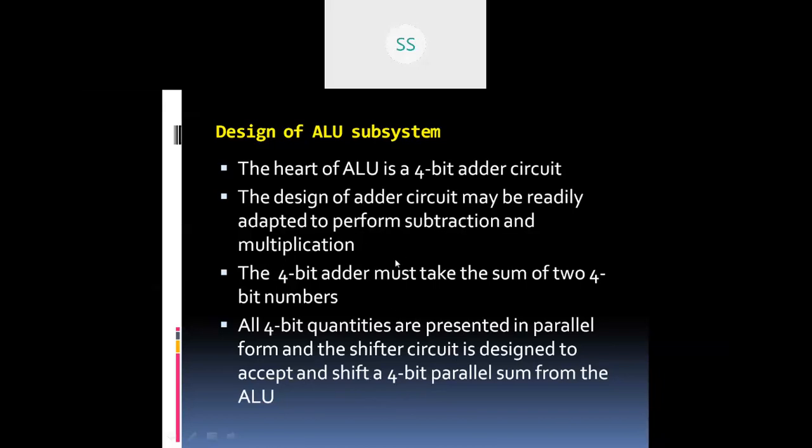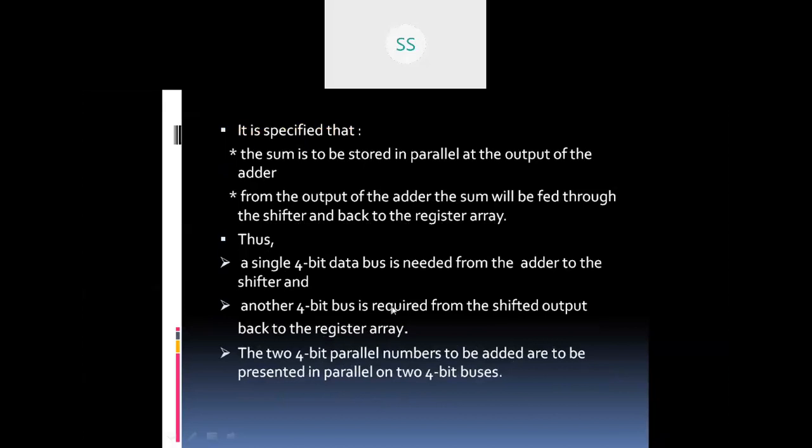In order to design such a system, what are the further considerations and specifications? For such an ALU subsystem design, it is specified that the sum is to be stored in parallel at the output of the adder.